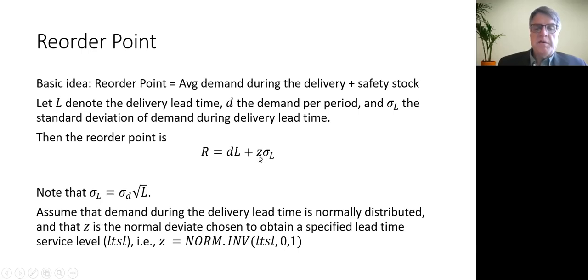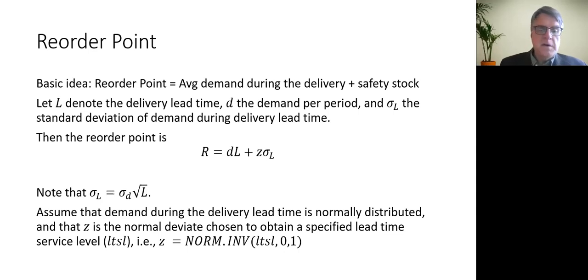We specify or we calculate Z based on the kind of lead time service level that we're looking to maintain. And basically what this amounts to is a statement of the probability that you're not going to stock out while you're waiting for a delivery to come in. We call that the LTSL, the lead time service level. It could be in the 90s, it could be lower.